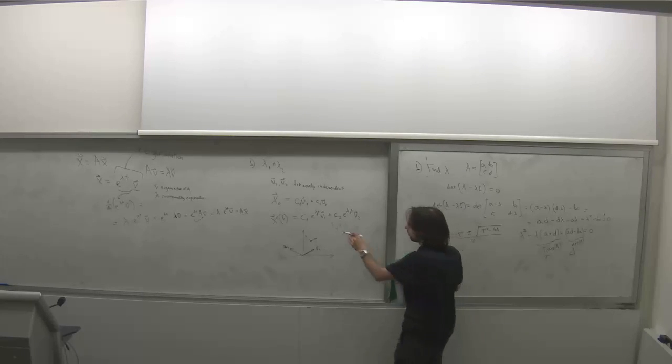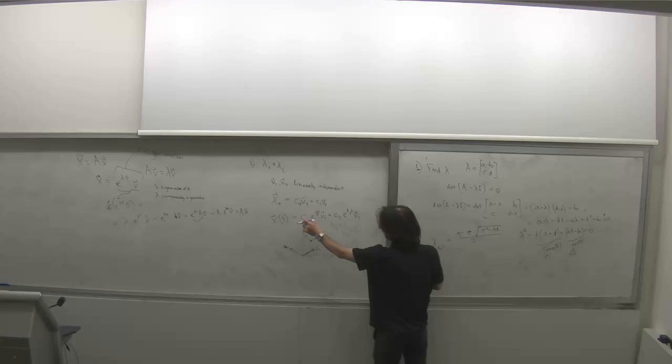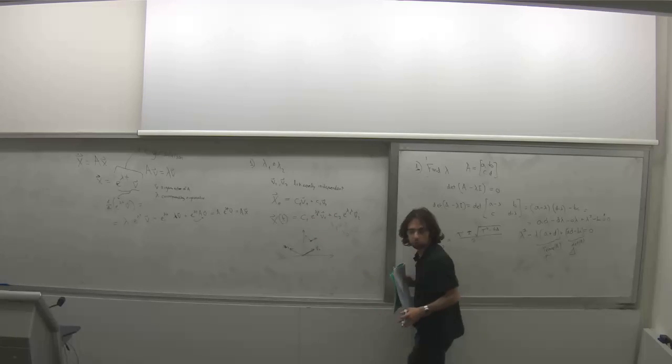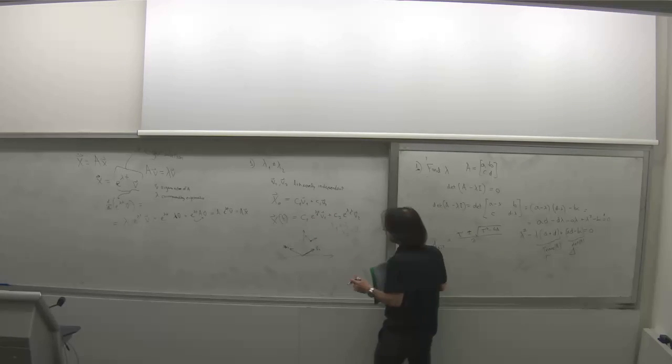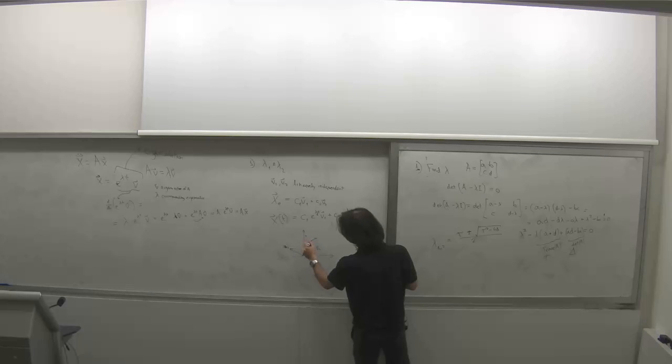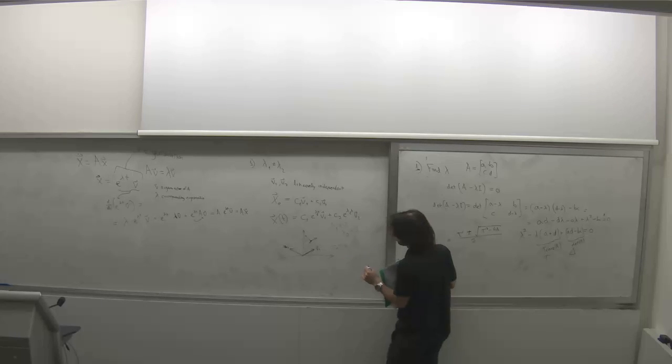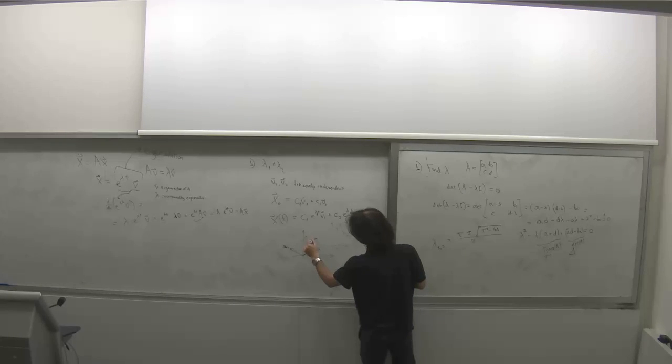And actually, their relative contributions depend on the initial condition. Okay? So for example, for this initial condition, C1 will be larger than C2, and this means that this component contributes more than this component, and when I add them, I go over there.